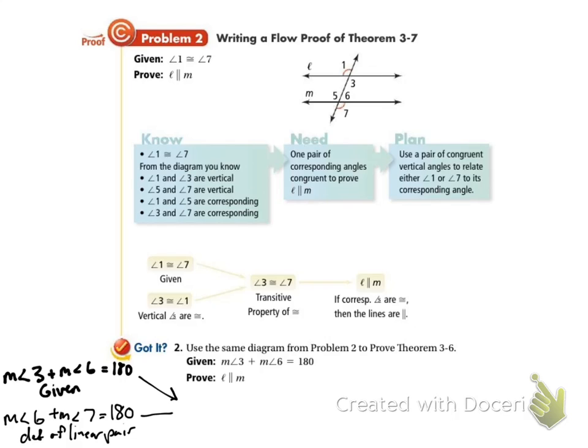From those two, I get that the measure of angle 3 plus the measure of angle 6 is equal to the measure of angle 6 plus the measure of angle 7. That's by the transitive property, because they're both equal to 180, so they're equal to each other. Then I can subtract the measure of angle 6 from both sides so that I get the measure of angle 3 is equal to the measure of angle 7. That's by subtraction.